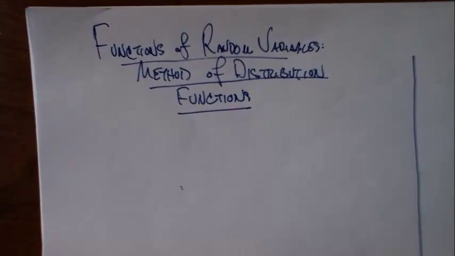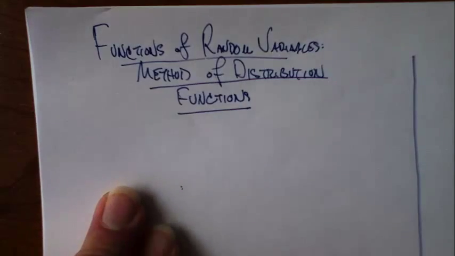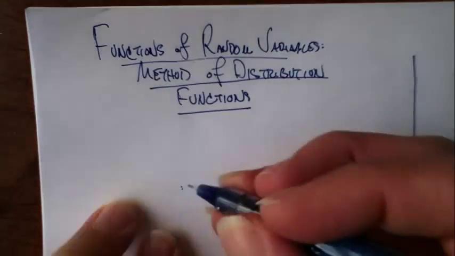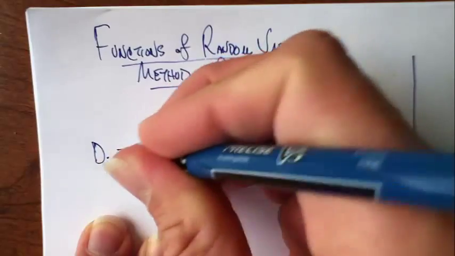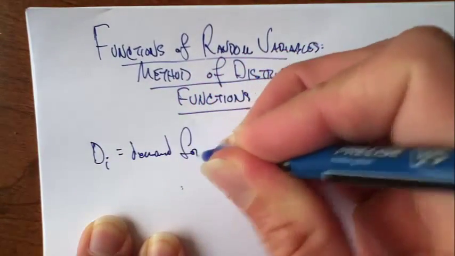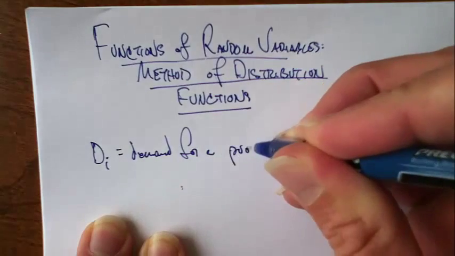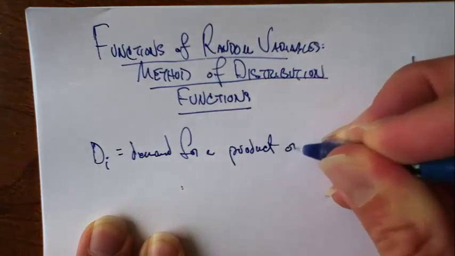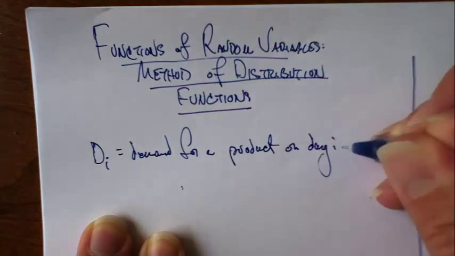Functions of random variables. Okay, so let's talk a little bit more about these guys. Oftentimes, what we're mostly interested in, in applications or even in theory, is functions of random variables. Here's an example. Let's let D sub i denote the demand for a product on day i.